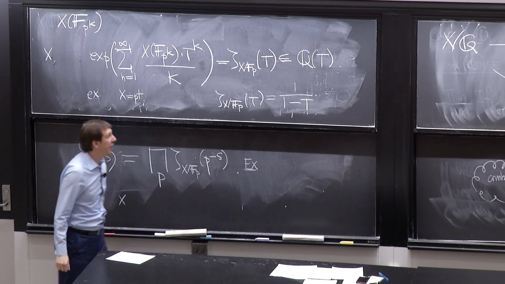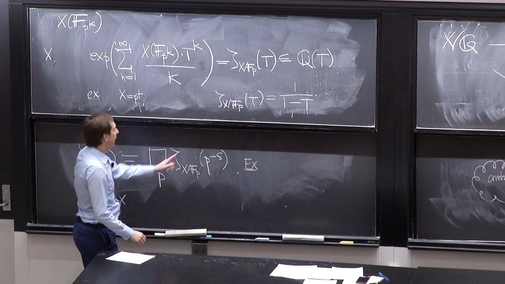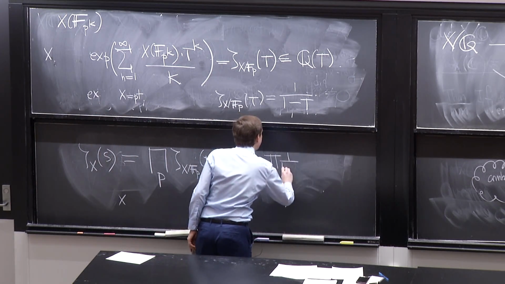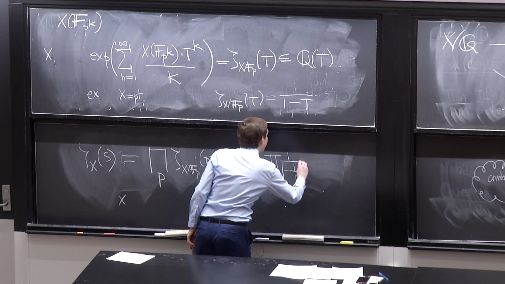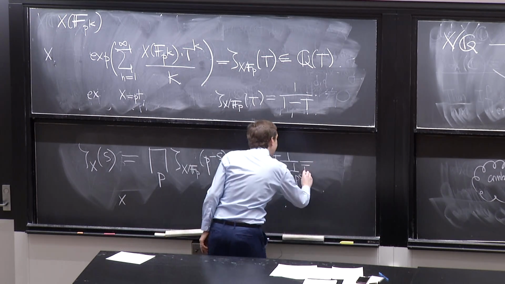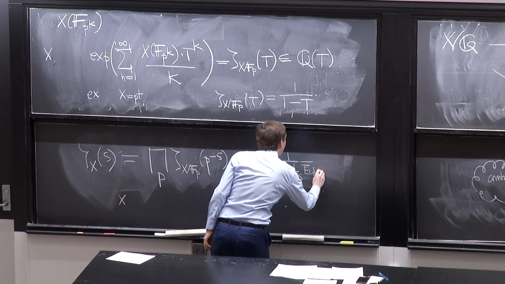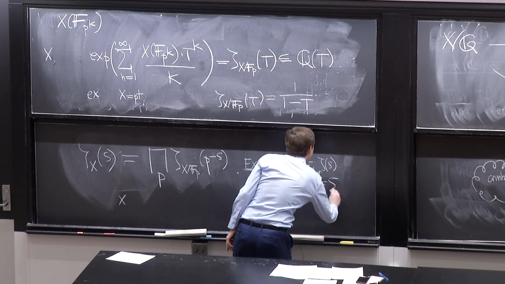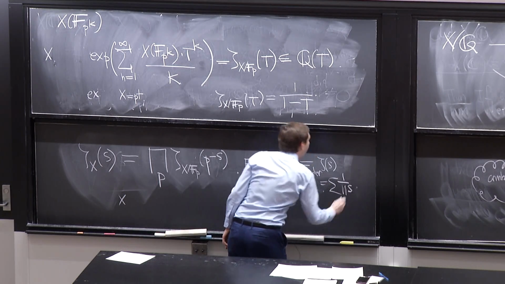Again, let me continue with the same example. If I do a point, I get the product of 1 over 1 minus 1 over p^s. And as was well known to Euler, this is equal to the Riemann zeta function, which is the sum of 1 over n^s.